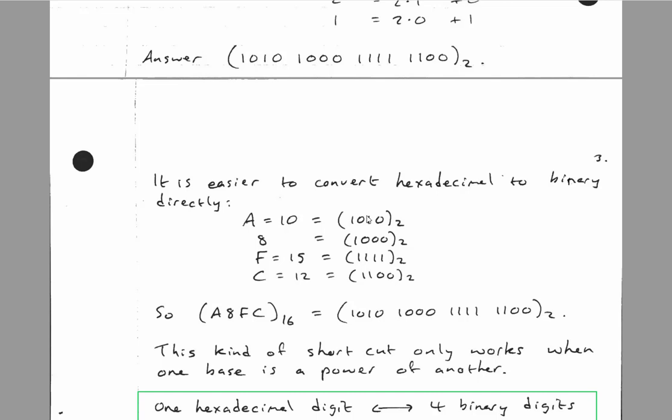So A is 10, and 10 in binary is 1010. So no 1s, 1 two, and 1 eight. 8 is 1000 in binary. 15 is all 1s, and 12 is 1 eight and 1 four.